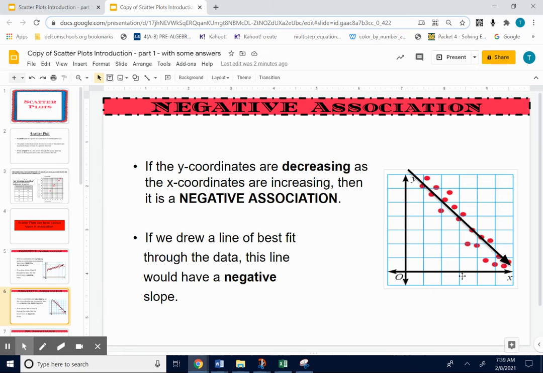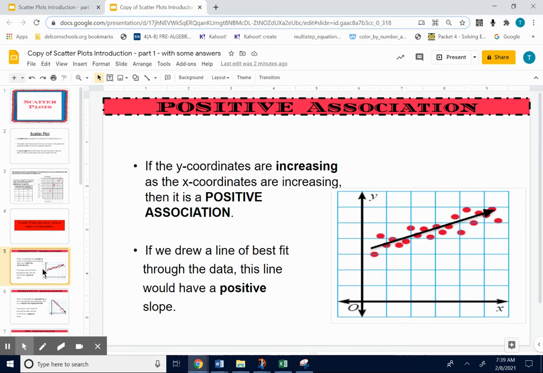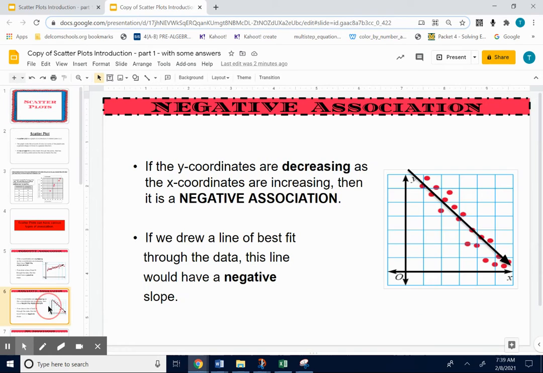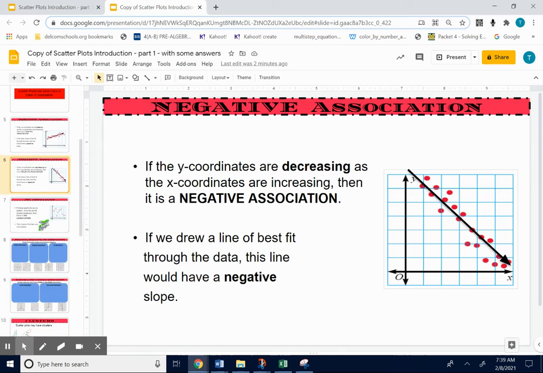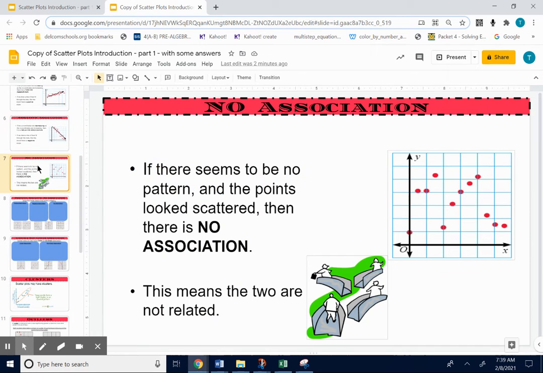If the points are going up, it's a positive association. If the points are going down, it's a negative association. If you have a scatter plot and it doesn't seem to be any pattern at all, we say there's no association.